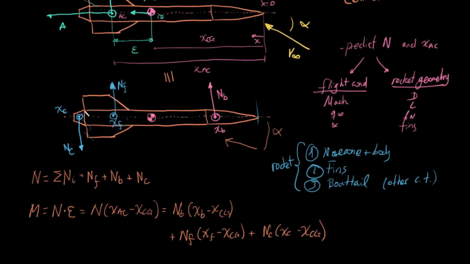If this were a positive conical transition, it would be stabilizing, but that's rarely seen. So after all, you have a fight between the fins and the body and nose cone. The boat tail force is pretty small.